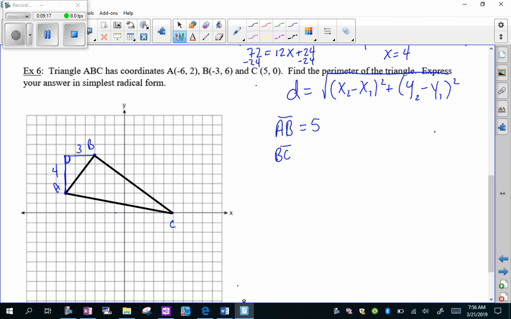All right, let's go to BC. BC, I'm going to have to do a little work. So I'm going to create my right triangle. That distance there is going to be 6. And then my distance across is 8.